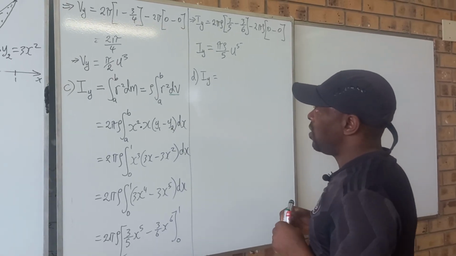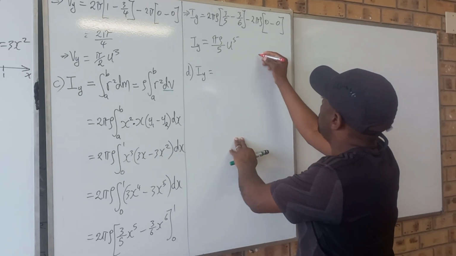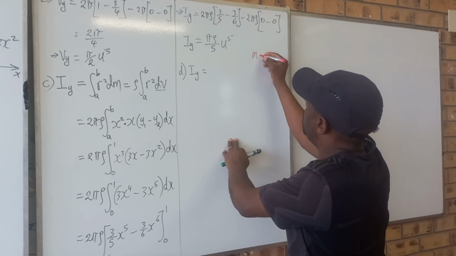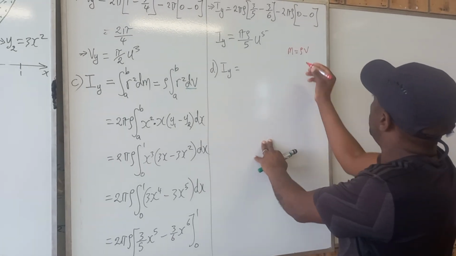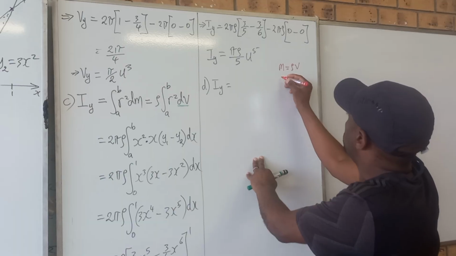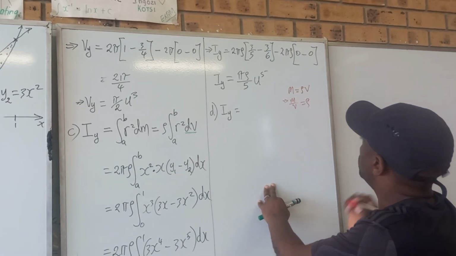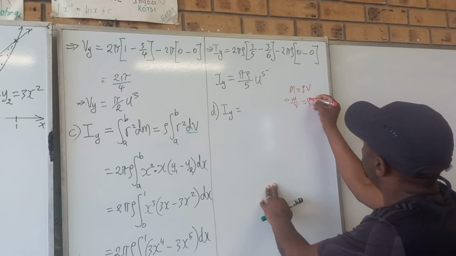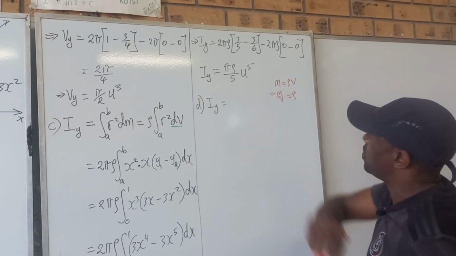We need some little knowledge from page 5 of our formula sheet, giving us the relationship between mass and density and volume. So from here, if you make density the subject, since you see density in your answer, you will be seeing that mass over volume is equal to density. So with this, it's informing us that for us to write in terms of the mass, we need to divide by the volume.